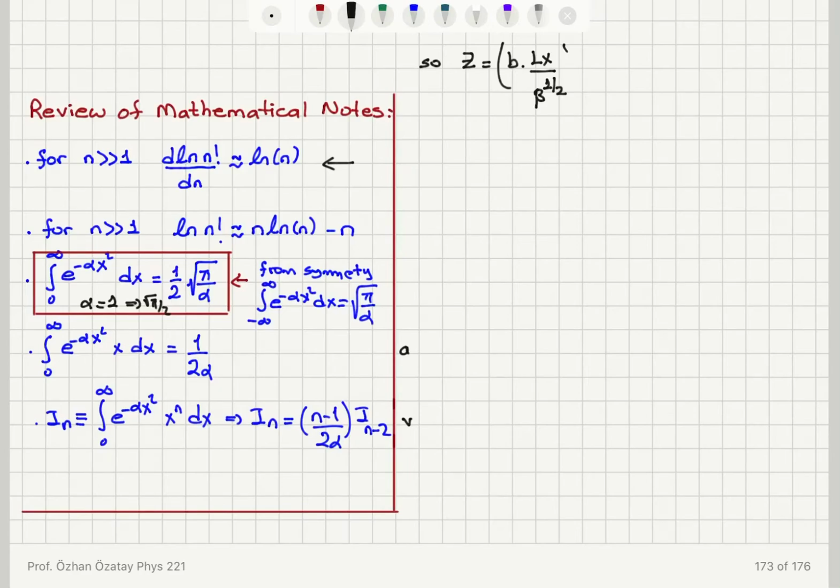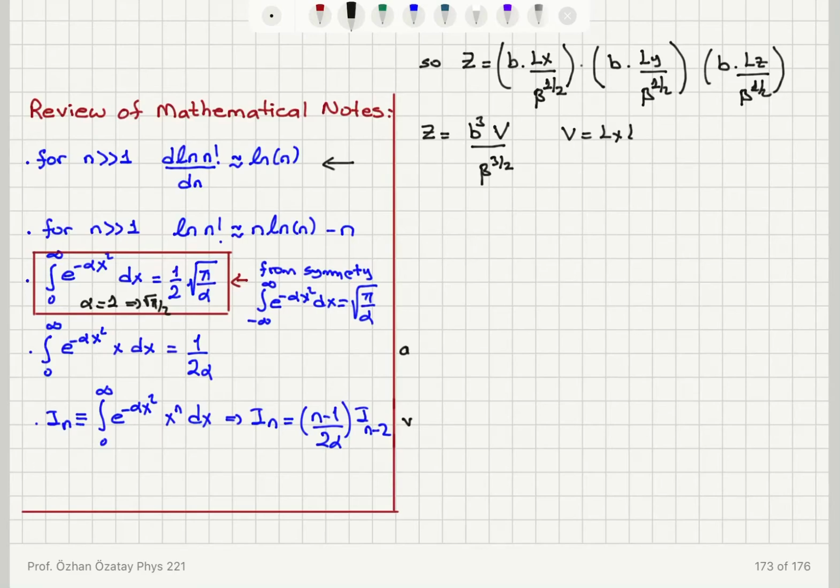Y is just going to give me b times Ly divided by beta to the power 1/2, and then I will have b times Lz divided by beta to the power 1/2. So the total partition function for this one molecule will be b cubed, the volume V, divided by beta to the power 3/2, where the volume V is the product Lx, Ly, Lz.